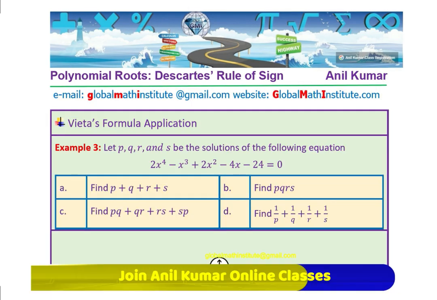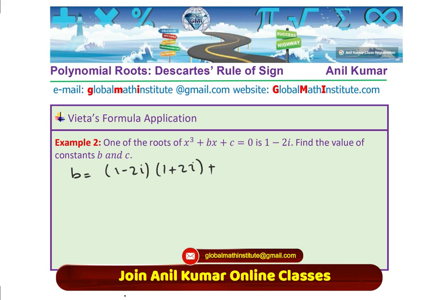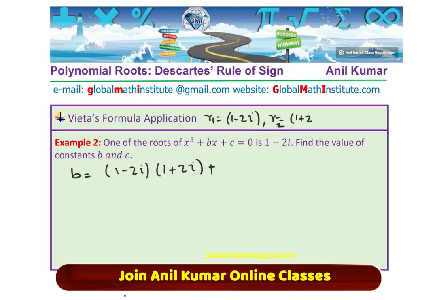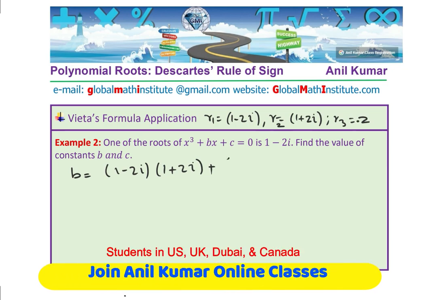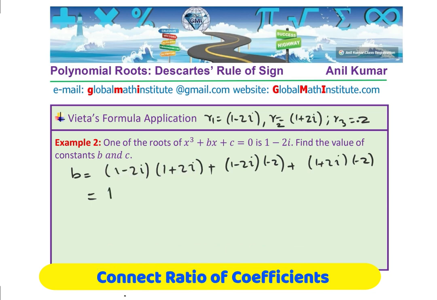The roots are R1 is 1 minus 2i, R2 is 1 plus 2i, and R3 is minus 2. So we now have to multiply 1 minus 2i with minus 2 and 1 plus 2i with minus 2. That gives you a squared minus b squared, which is 1 minus 4i squared, which is plus 4.